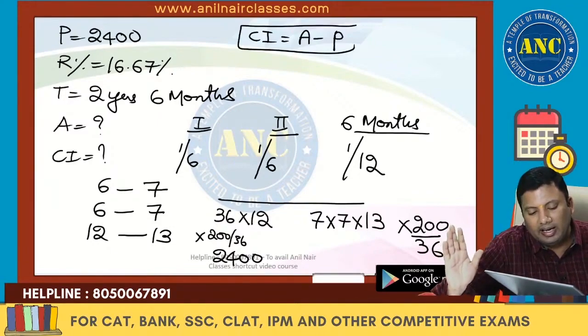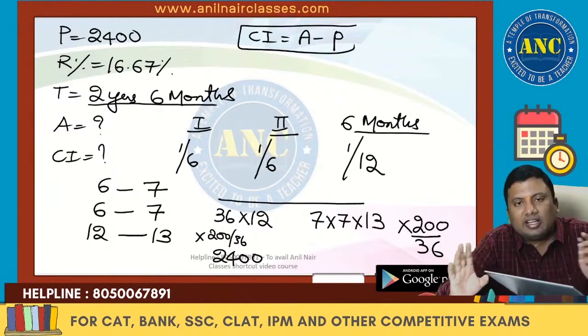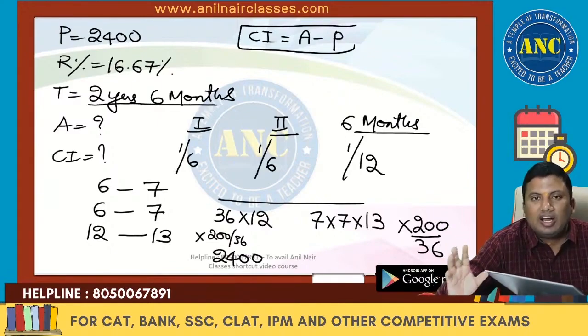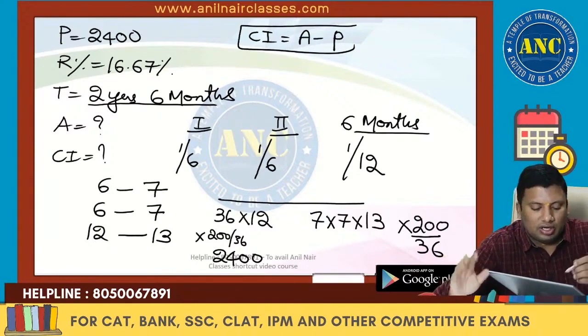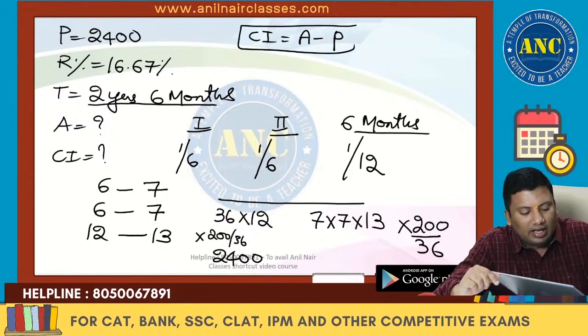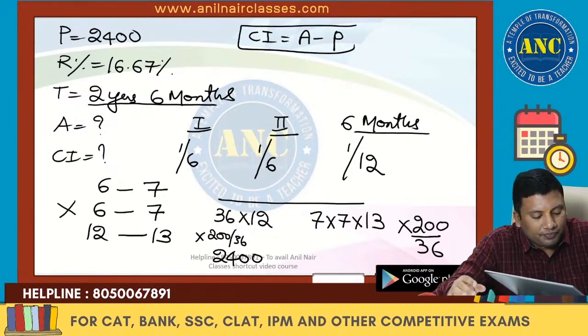I hope the idea is crystal clear to you. Don't get intimidated if it is 6 months, 3 months or days given. Now we know the approach, how to solve the question. 6 increases to 7, 6 increases to 7, 12 increases to 13. Idea is clear. Next one.